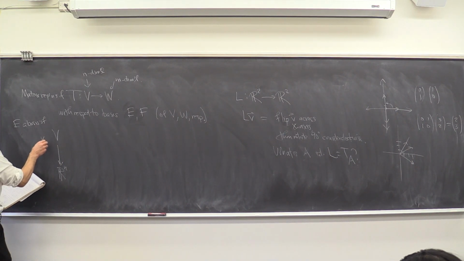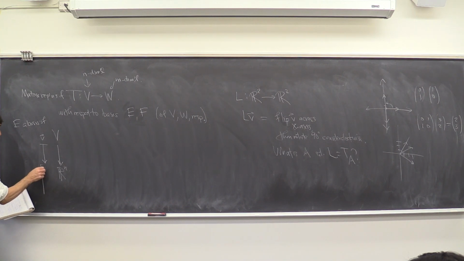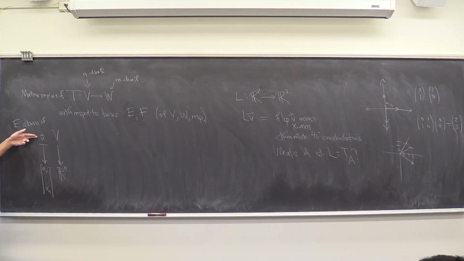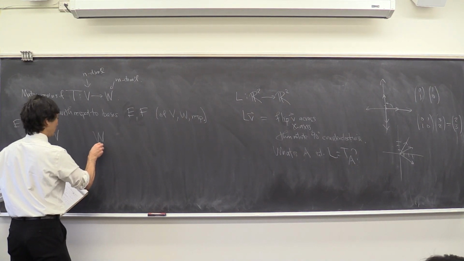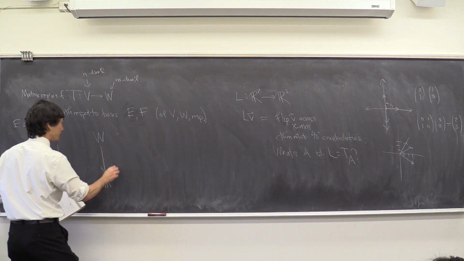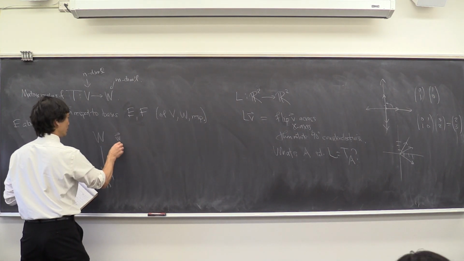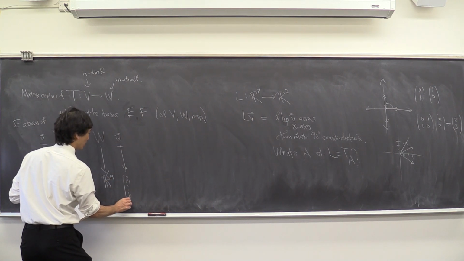It takes a vector and maps it to a bunch of coefficients, a1 to an. In other words, it takes V to the coefficients that you would use to recover V as a linear combination of the basis. Similarly, we got this map from W to Rm, which would do something similar. It will take this guy over here to corresponding coordinates.